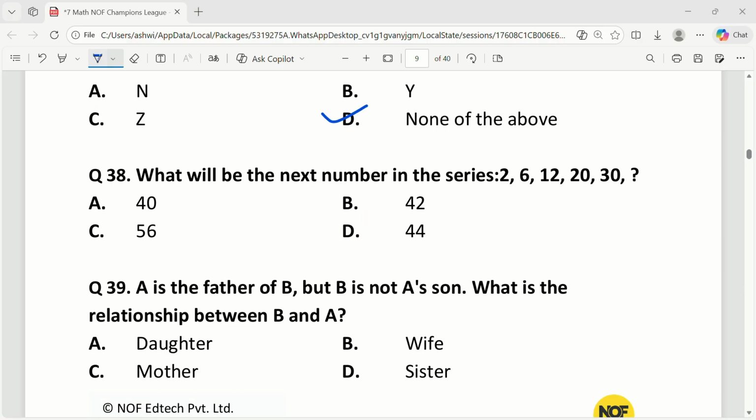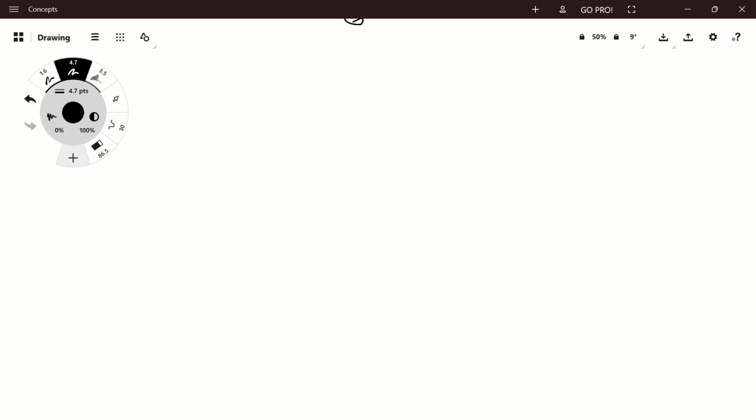Question 38. What will be the next number in the series? 2, 6, 12, 20, 30. Calculate the first difference in the sequence. That will be del 1 is equal to 6 minus 2, which is equal to 4.